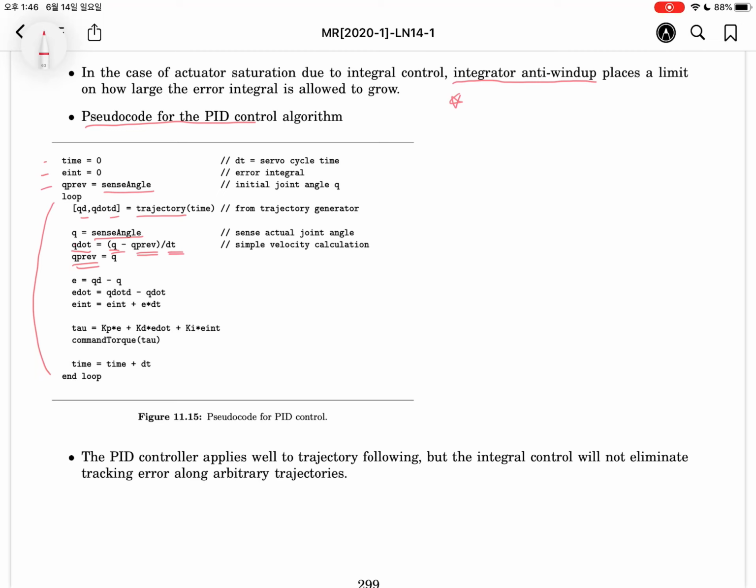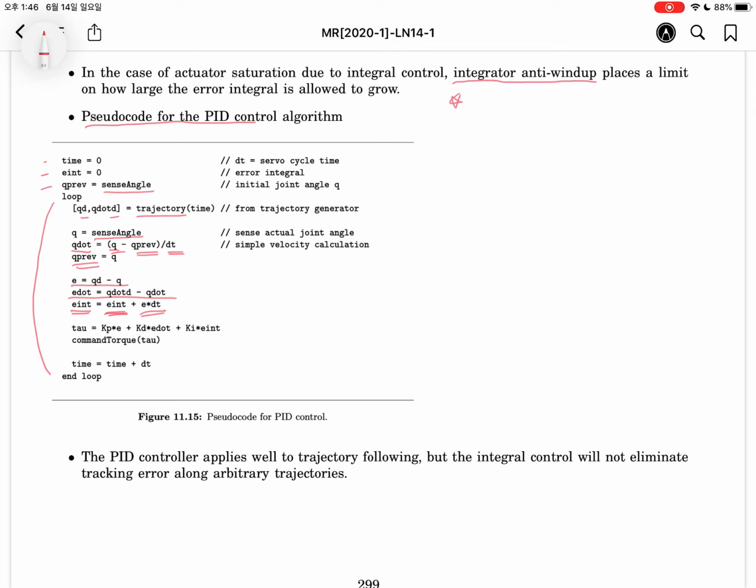The error e will be qd minus q. e dot will be qd dot minus q dot. The previous integral error is used to obtain the current integral error: the previous error integral plus e times the sampling time.